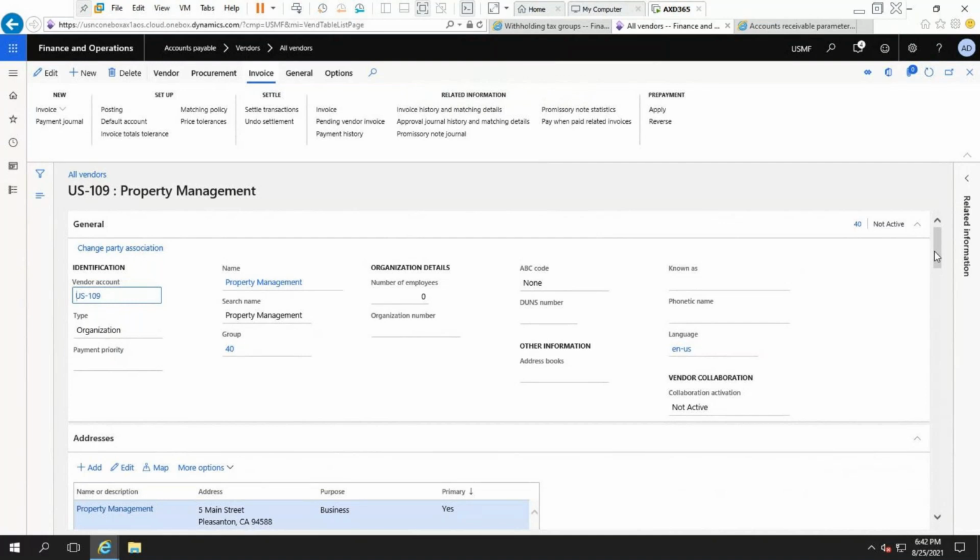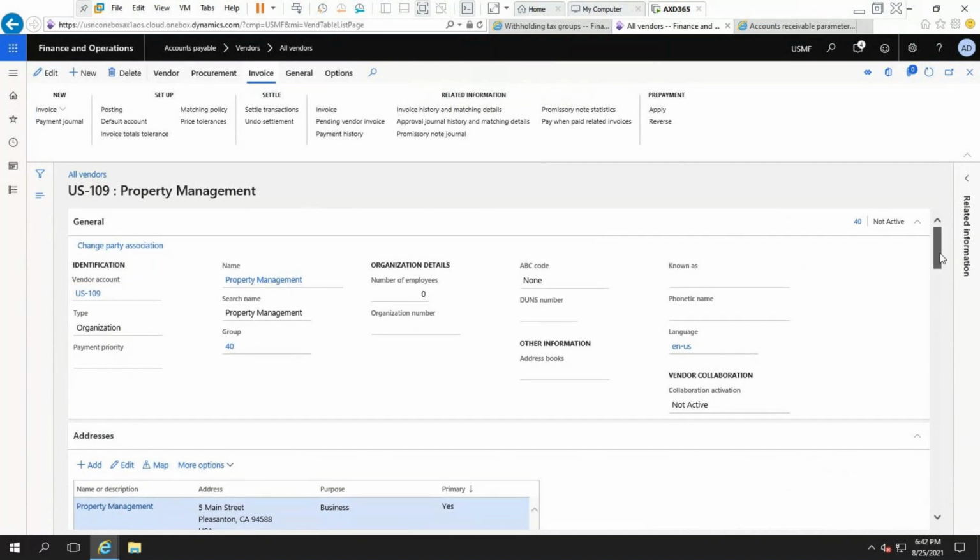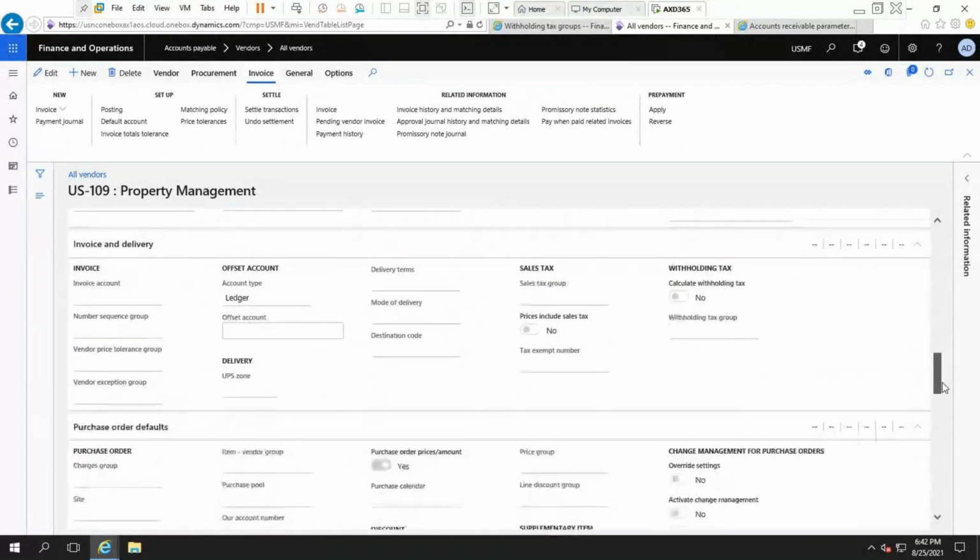Here in this vendor code, you can map the withholding tax group.